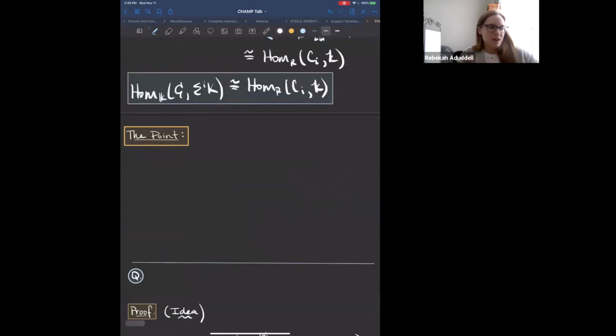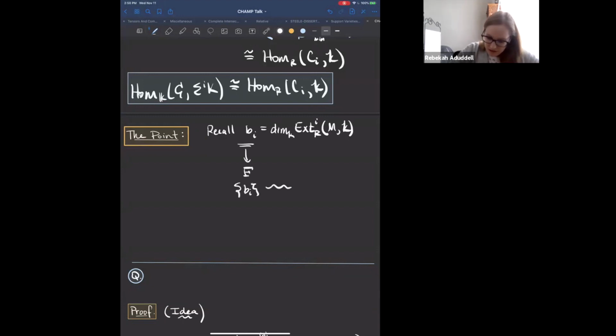The point is, I want to go back to the definition, or the way we can think of the Betti numbers, even just in the normal case of looking at the free resolution. Recall that one way we can define this is as the dimension of the ith Ext of M and k. This notion extends from the free resolution and the normal Betti sequence to the complete resolution and what I was referring to as the complete Betti sequence.